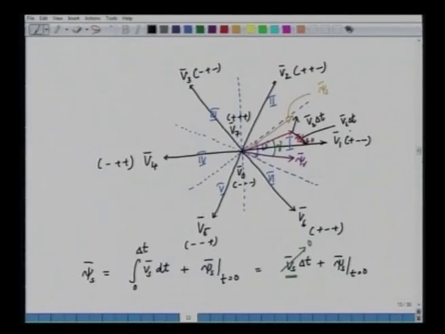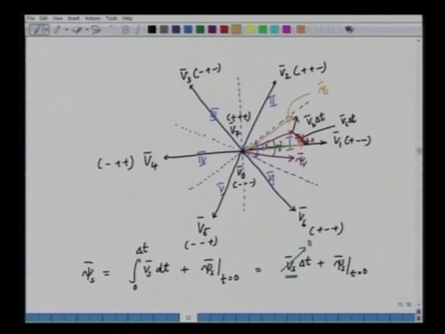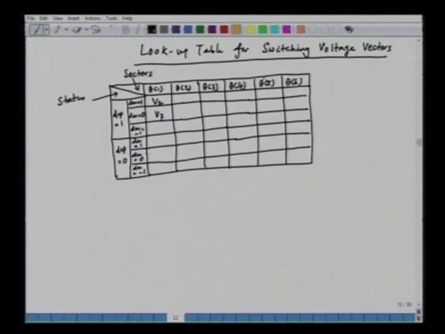If you apply this V6 for delta t, the vector will move in this direction, and the resultant of the two results in a reduction of gamma, but the magnitude of the flux has increased. So, the flux is increased, but the torque is reduced. So, we can say in this case that we will apply V6.